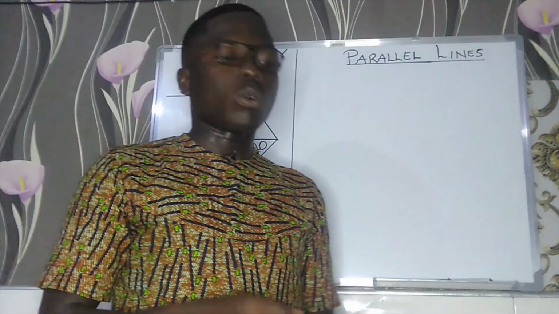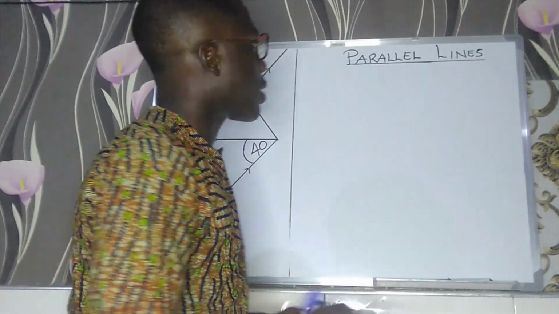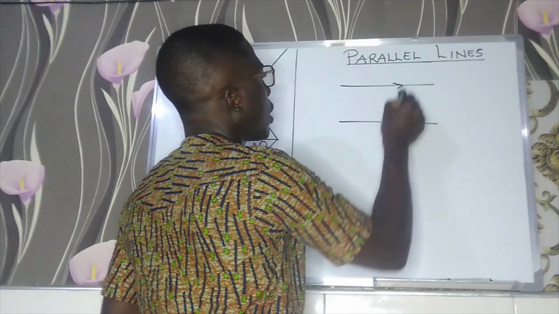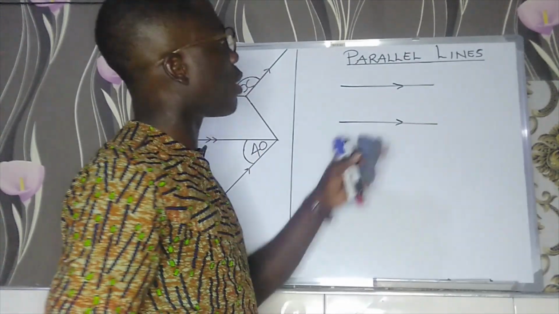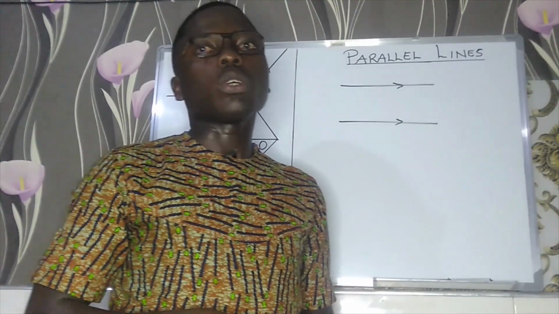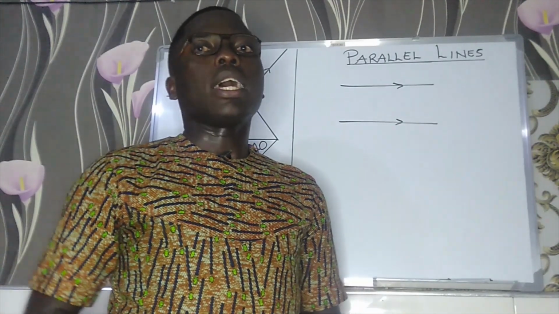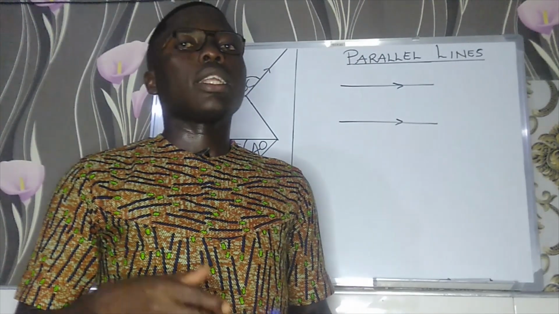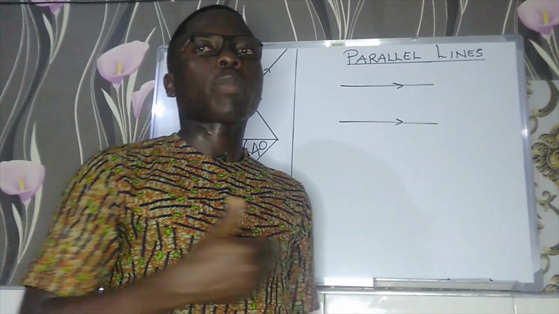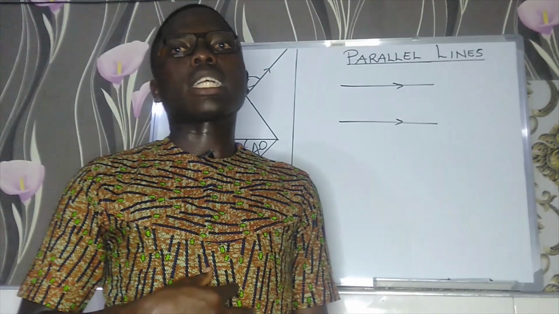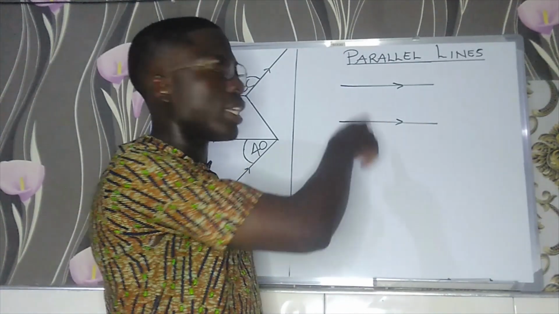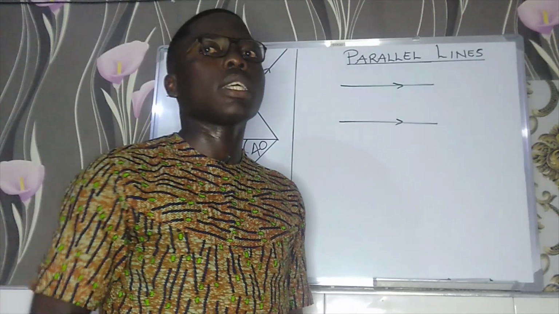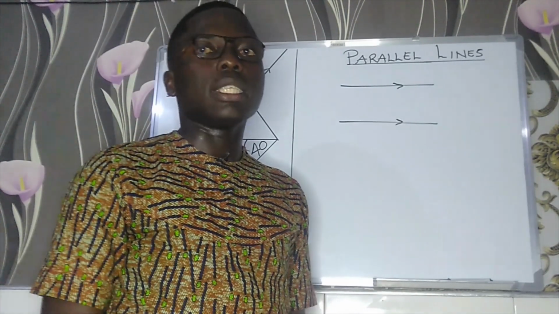question. So parallel lines. We say parallel lines are straight lines. Parallel lines are two straight lines which do not meet and they don't end. Thus, they can be extended forward or backward. We are saying that parallel lines are two straight lines, as you can see on the board, which do not meet and they don't end.